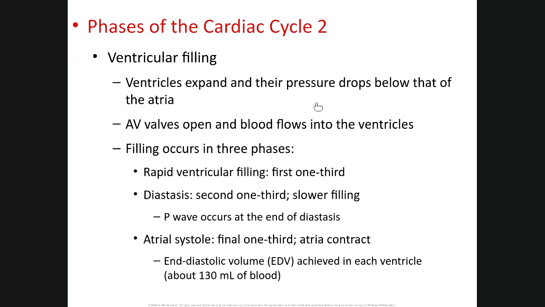So the AV valves, the valves between the atria and the ventricles, now open because there's more pressure in the atrium from the collected blood. The right atrium opens the AV valve and blood drops into the right ventricle. The blood from the left atrium drops into the left ventricle.